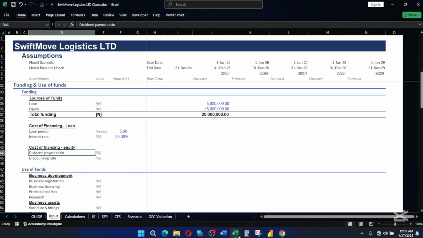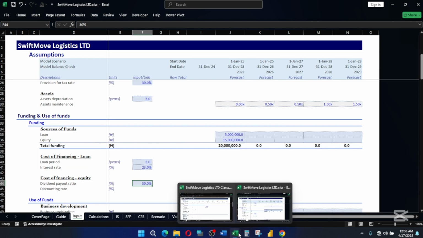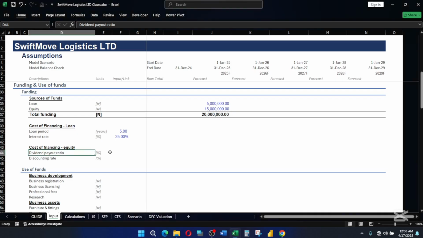If you look at the percentage we use here, we are using 30%. We are saying that out of the profit we make, 30% of that profit is going back to the investors, which are the shareholders. So what you're going to do is just type 30% here.